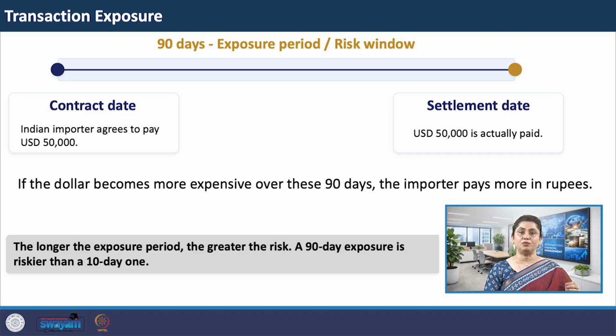So, the period between the contract date and the settlement date is also called the exposure period or the risk window. A very simple rule applies here. The longer the exposure period, the greater the risk. A 90-day exposure is usually riskier than a 10-day exposure because exchange rates have more time to fluctuate.